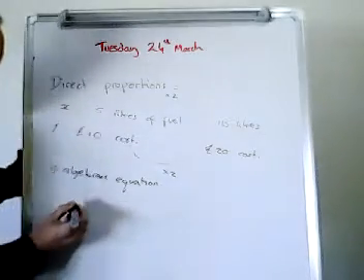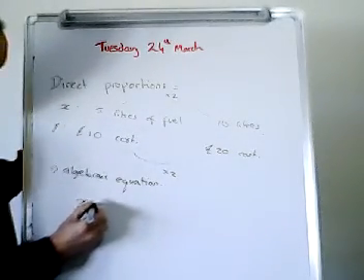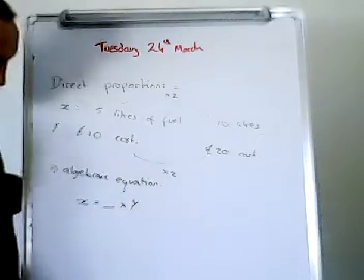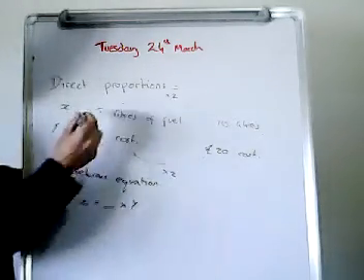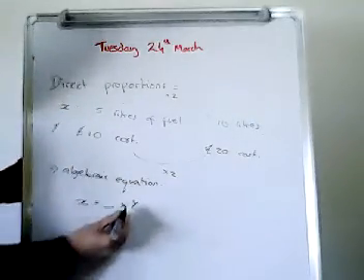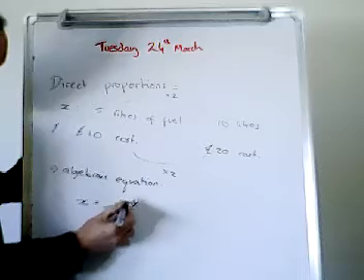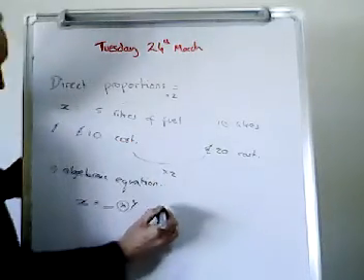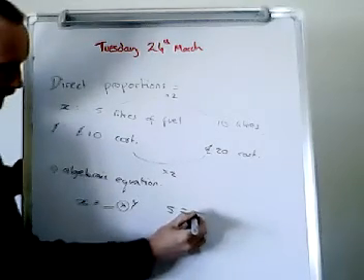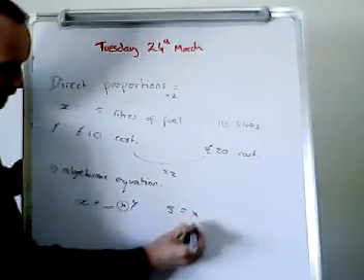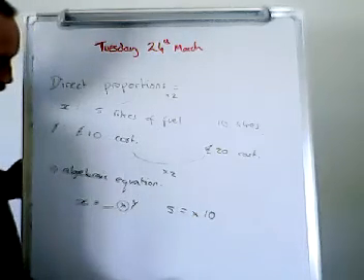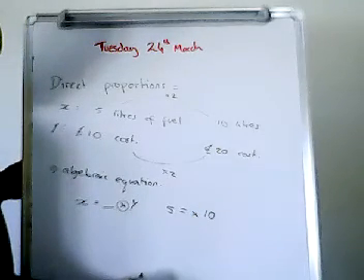So we have x equals something times y. Now we can put this into the equations to work out what this is. We can say in this one, 5 equals x times 10.